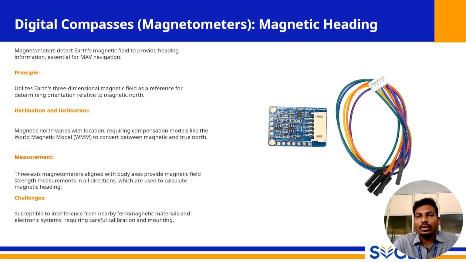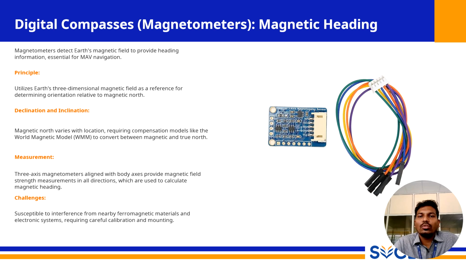These sensors detect Earth's magnetic field to provide heading information, which is essential for the MAV's navigation. While GPS can tell a drone where it is, the magnetometer tells it which way it is facing, allowing it to orient itself for flight to the next waypoint.